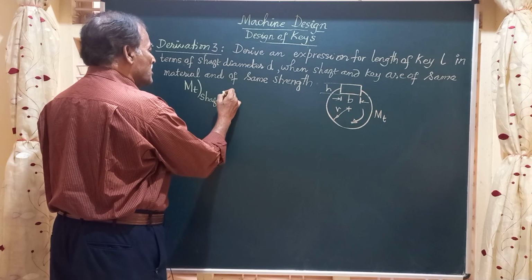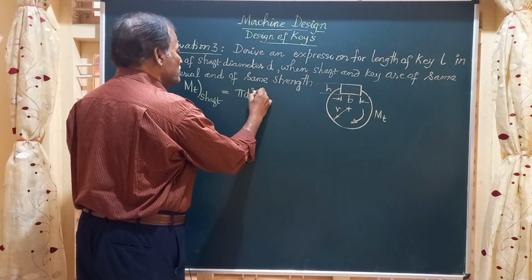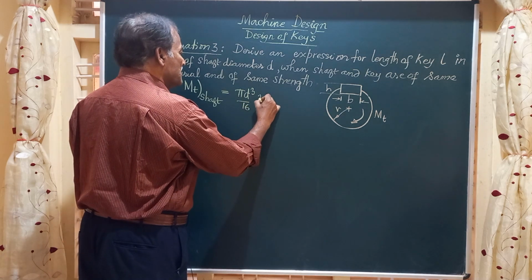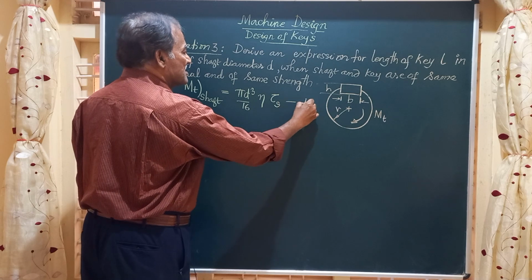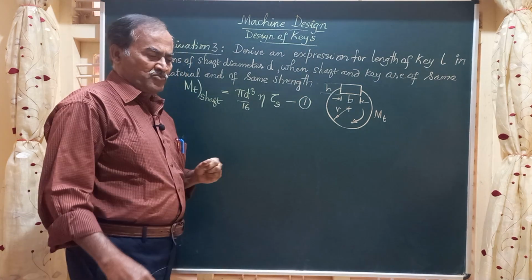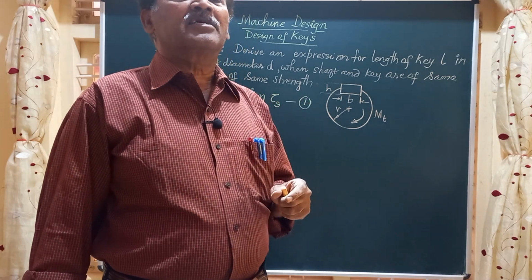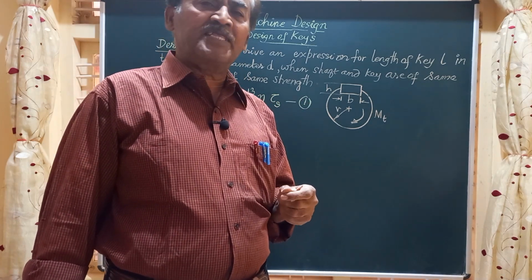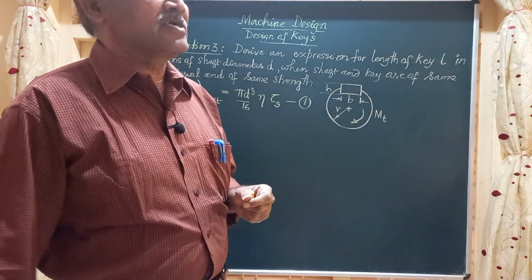Mt stands for the torque or torsional moment is equal to pi D cube by 16 into eta into tau s. We'll call this as equation number 1. This equation is derived from the basics, that is Mt by J is equal to G theta by L is equal to tau by r, the expression for the torque.